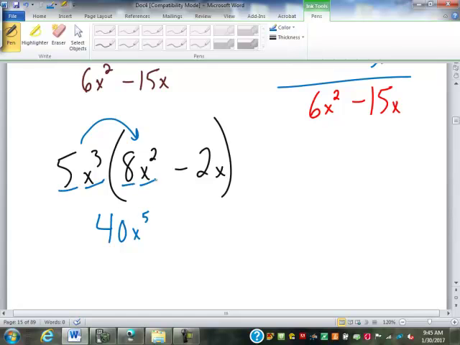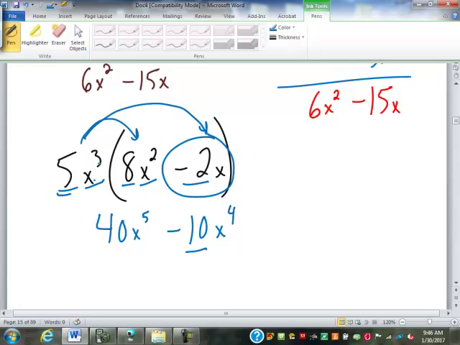X to the third times x squared is x to the fifth. 3 plus 2 is 5. 5x to the third times, now remember this is a negative 2x. Negative 10x to the fourth. Good. 5 times negative 2 is negative 10. X to the third times x, that's an invisible 1 there, so 3 plus 1 is 4. X to the fourth.